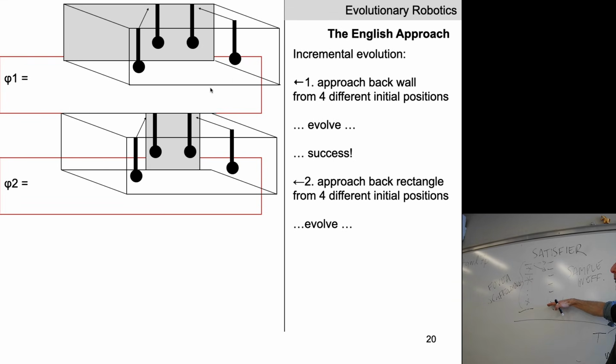Now they're going to keep the set of synaptic weights. The only thing they're going to throw away is the fitness function, phi1, and they're going to swap in a new fitness function, phi2, which is going to evolve sets of synaptic weights to approach the gray rectangle placed at different horizontal positions underneath the back of the table. So the robot has to show us that it actually knows where the rectangle is. In the earlier case, the synaptic weights might evolve such that the robot ignores the grayness and just always drives backwards.